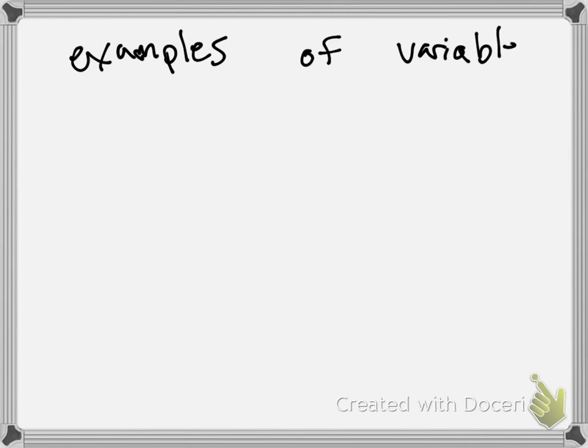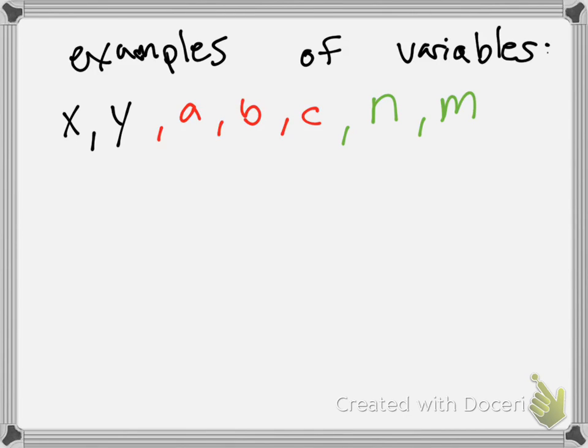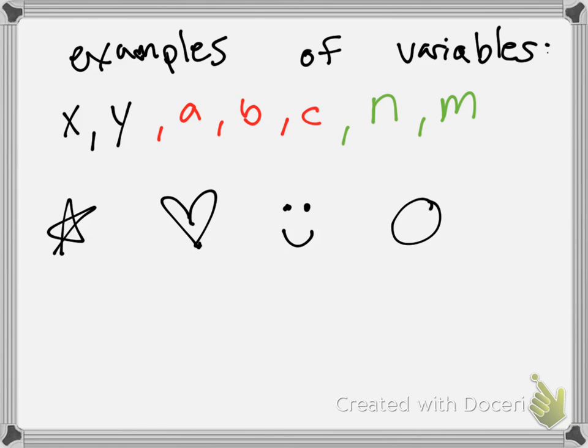So if we had this, examples of variables. Our most common ones are X and Y. We've also got common ones being A, B, C. We've got some common ones being N, M. We've got ones where they can technically use a star, a heart, a smiley face, a chicken.